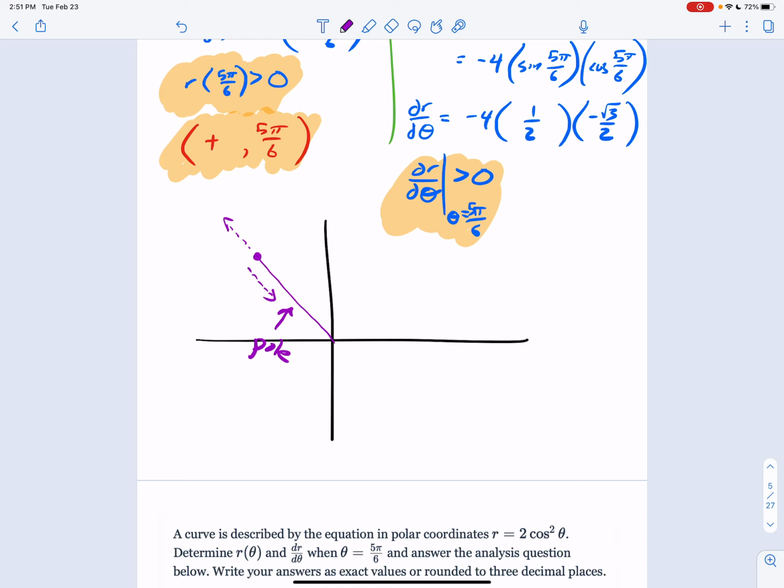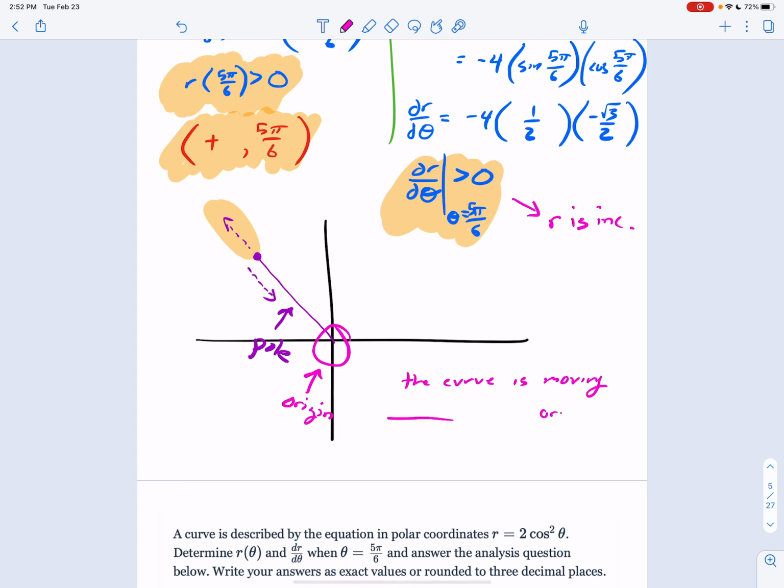We know that right here, dr d theta is positive, so you know that r is increasing. So in fact, it's moving that way. How do you describe that? You would say that the curve is moving, and you reference it to the origin instead of the x and y axes. It's moving blank to the origin.